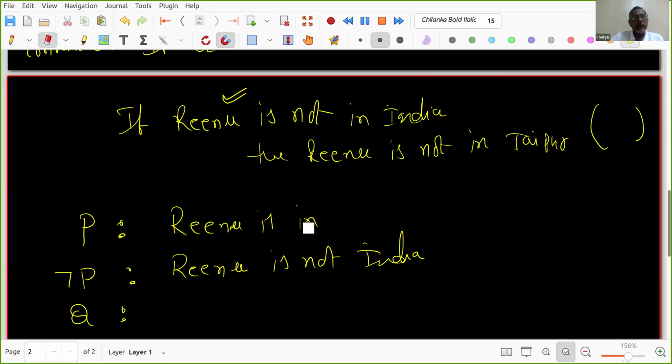Sorry for that. Q is Renu is in India. What is the negation of this? Renu is not in India.